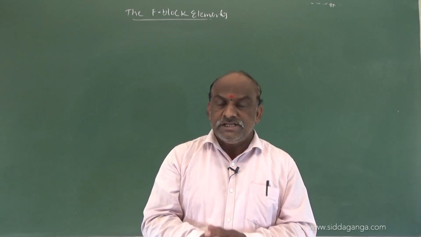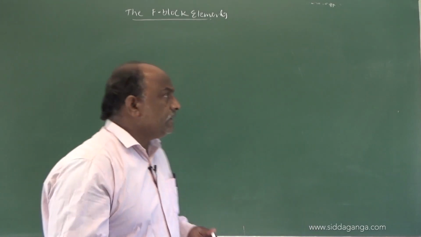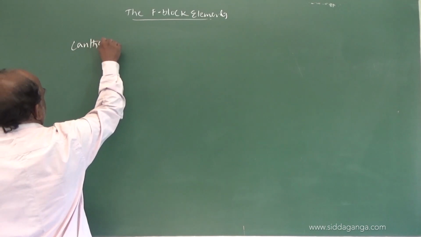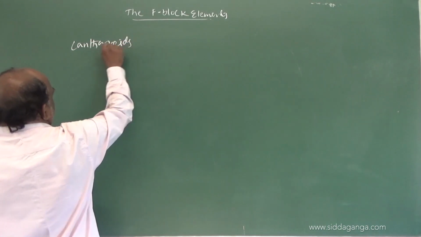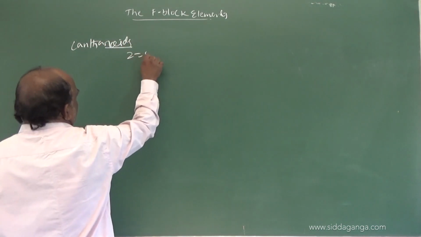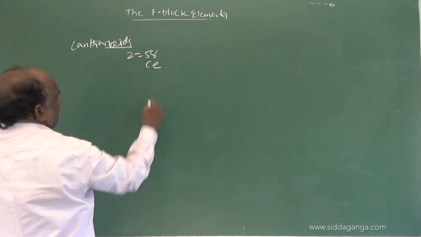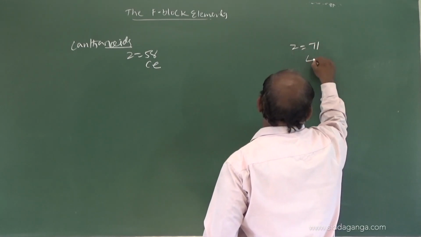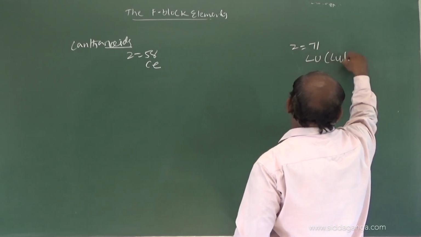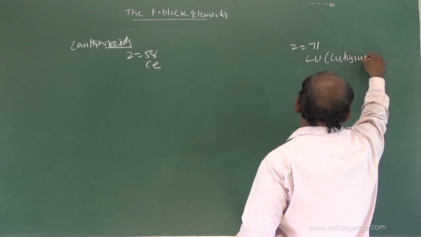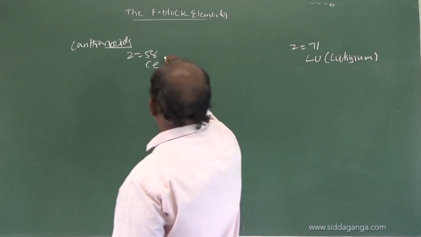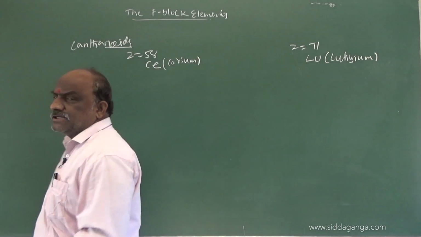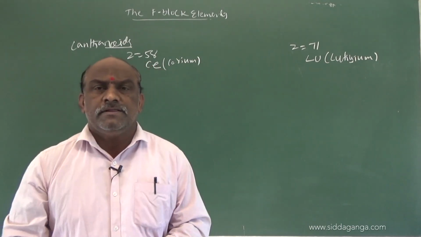Now we will discuss the subtopic lanthanides. Z equals 58 is cerium, and Z equals 71 is lutetium. A total of 14 elements are said to be lanthanides.